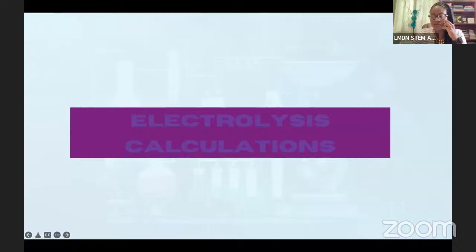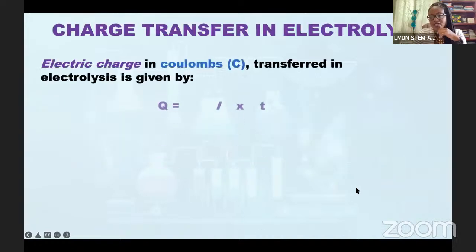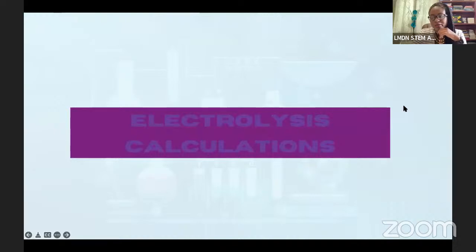Anybody brave enough to just give us an overview of electrolysis as a whole? And then somebody can tell us about the electrochemical series and how that whole thing comes into play. Let's see, I'm waiting on somebody to step up and let me know what's going on with this whole electrolysis thing, so we're all on the same page moving forward with the calculations for today.